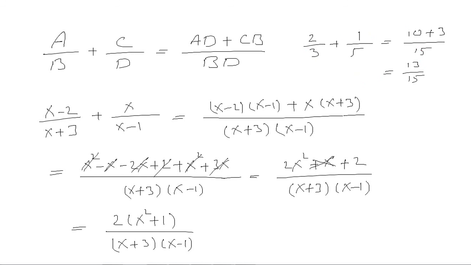So let me show you an example in which we find a least common denominator instead of using this formula. So if I have x over x minus 1 minus 2 over x squared minus 1.